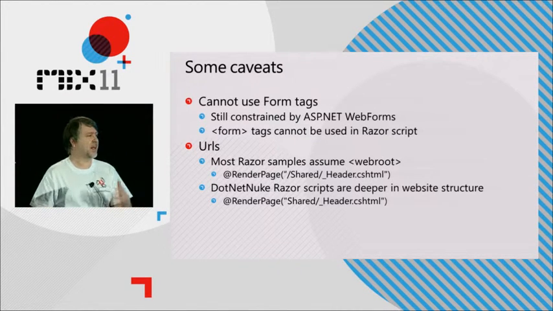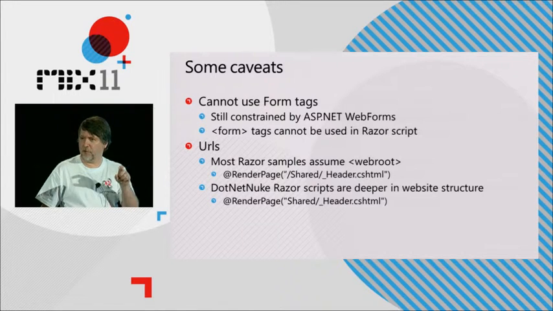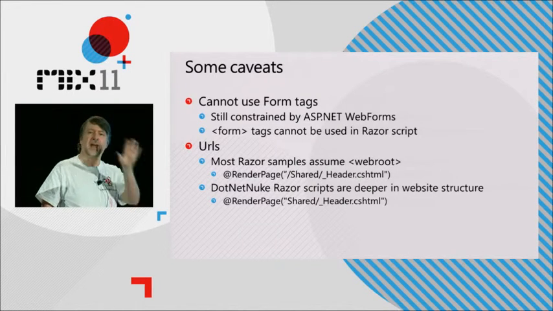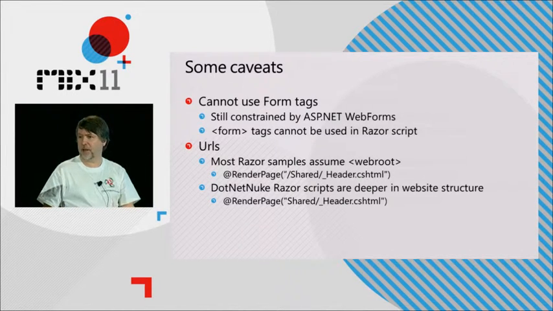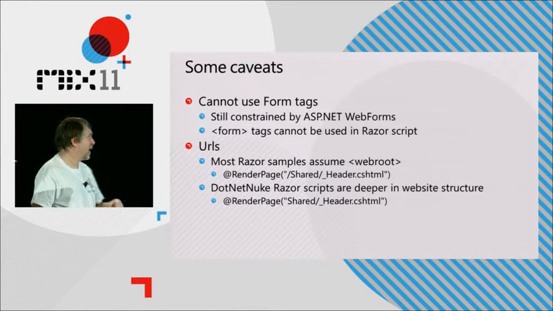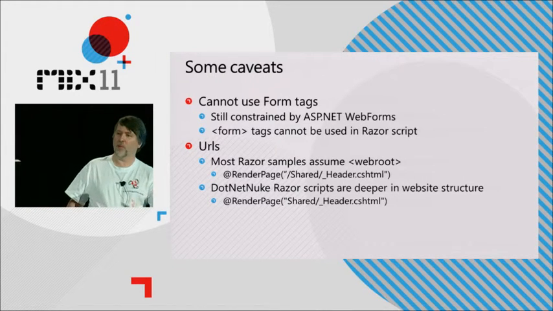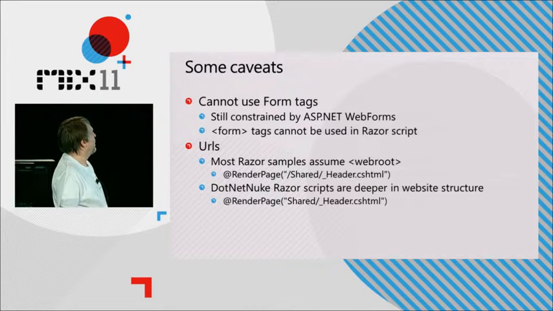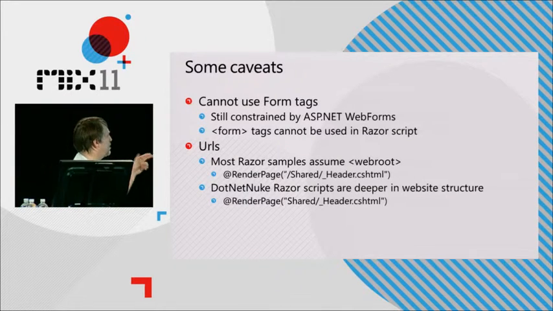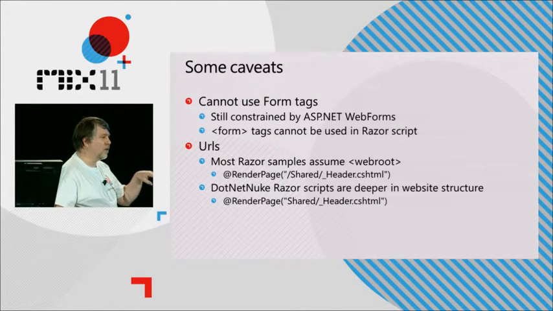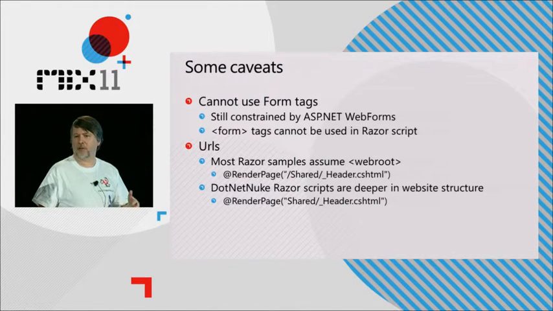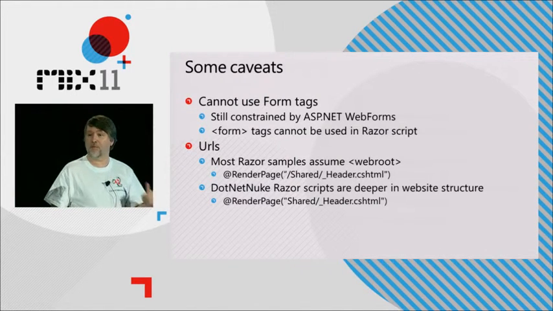So if you see any example Razor scripts that include the form tag, you can use that as long as you remove the form tag and its closing tag, because all web forms have a form tag at the very base page level. And the other thing you've got to be careful about is most Razor scripts assume that your CS.HTML, your VB.HTML scripts are somewhere in the root of the site.